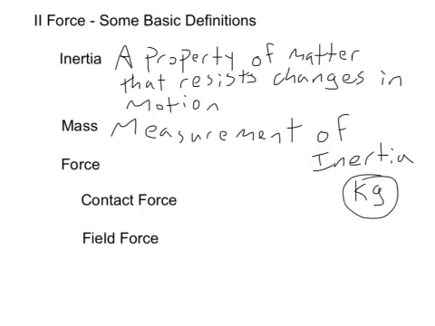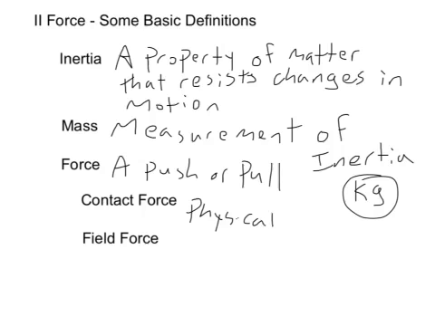And then, as I've said, a force is nothing more than a push or a pull. Now we can have two real basic types of forces. We can have what's called a contact force, or we can have a field force. A contact force is a force where physical contact exists between the thing that is providing the force and the thing that is experiencing the force.